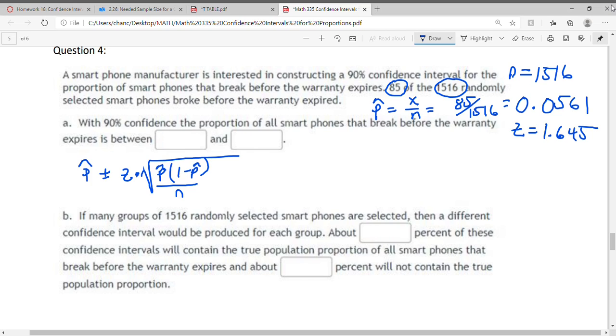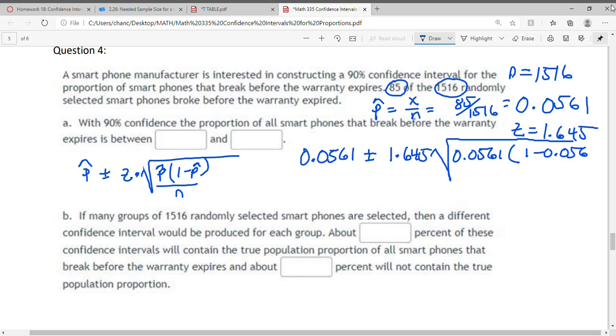So we have p hat, which is 0.0561, plus or minus 1.645 times the square root of p hat again, which is 0.0561 times 1 minus 0.0561 divided by our sample size, which is 1,516.